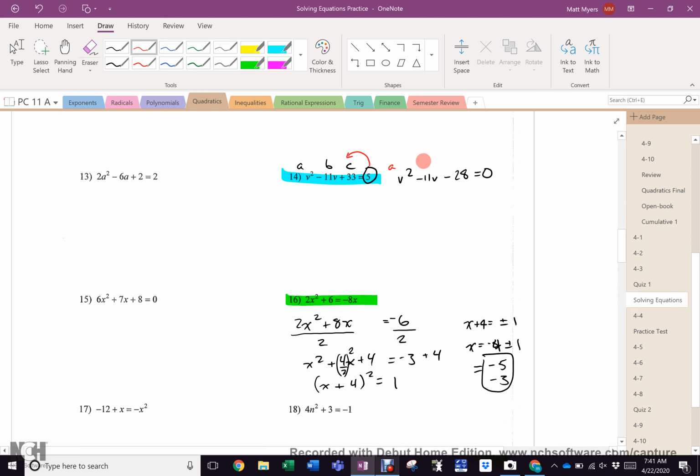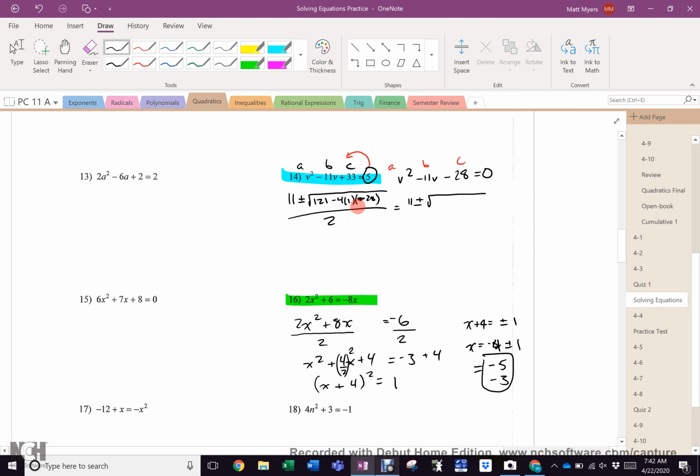And there is my A, my B, and my C. So I just run that through the quadratic formula, which is negative b, negative 11 is positive 11, plus or minus the root of 121, b squared, minus 4 times 1 times negative 28, over 2, because it's 2 times 1, which gets me 11 plus or minus the root of negative 4 times 28 is 4 times 28 is 80, and 16 is 96.